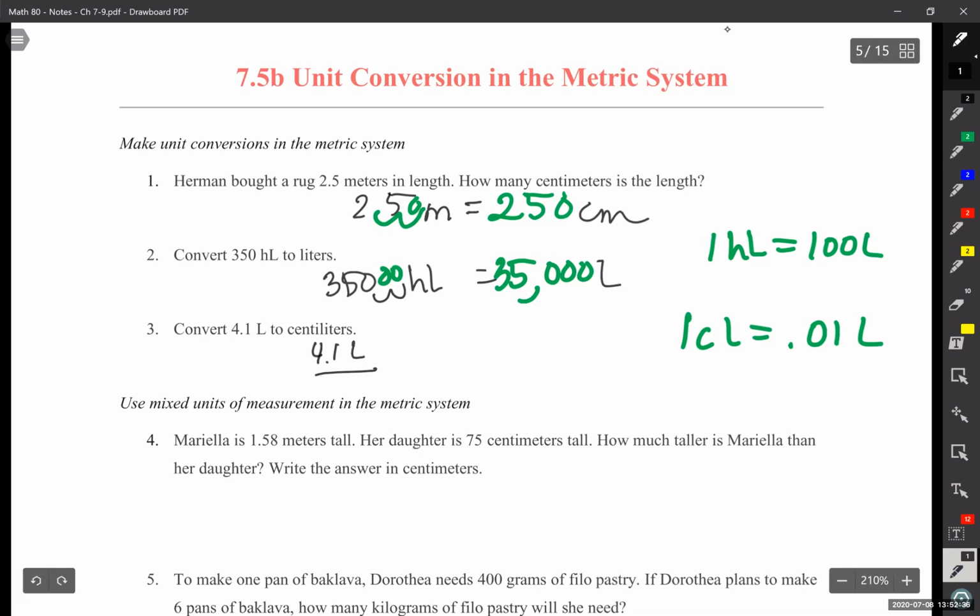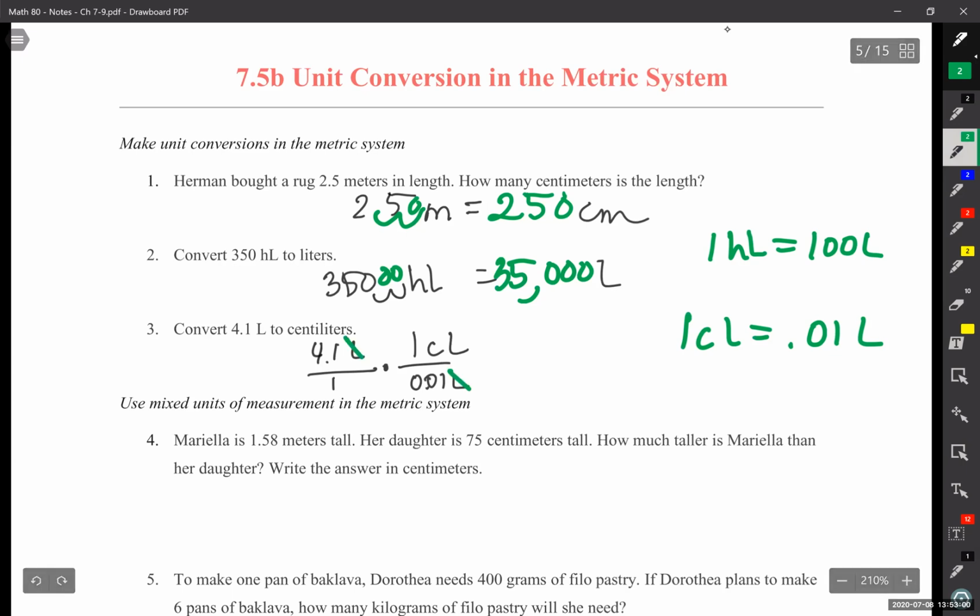You know what, if you get confused, I don't know why I didn't just do this before. We should be doing this like we did the other ones. If I want to get rid of liters, I need to put liters in the denominator, and I want to end up with centiliters. So I can see that my liters cancel.